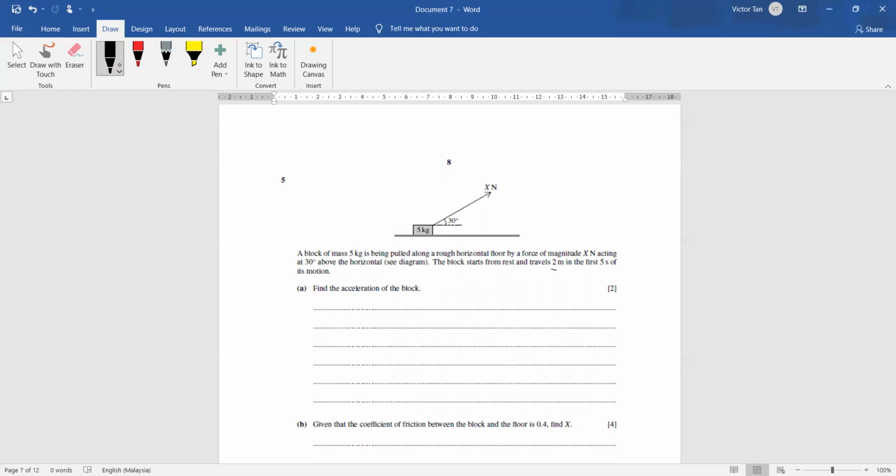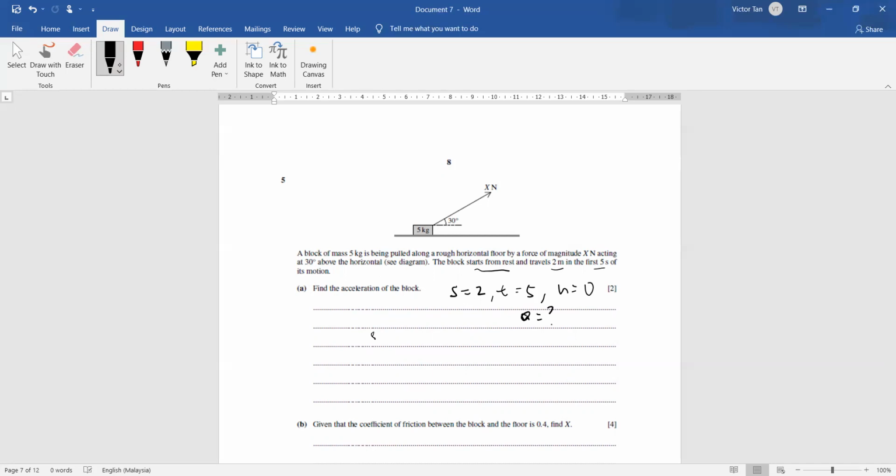So you're given s equals 2, t equals 5, u equals 0 because it starts from rest. This is the time. And you're asked to find a.